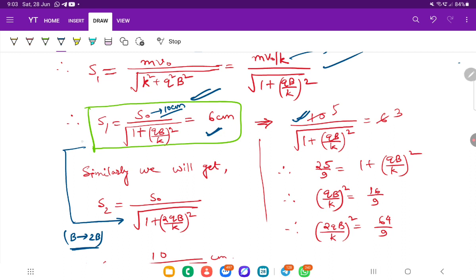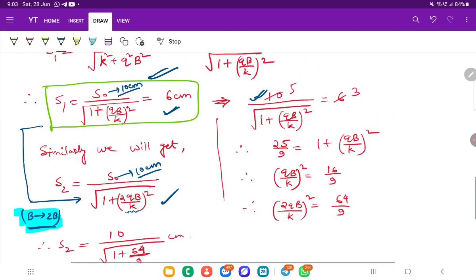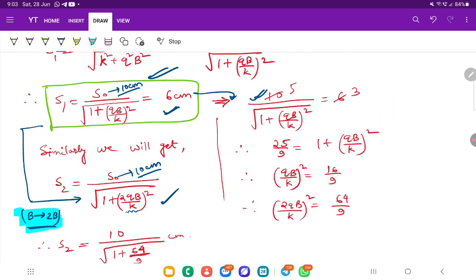So in the expression of S1 we just replace B with 2B and we get the expression for S2. Only if we can calculate the qB by k term, we will be done with the solution, because S0 is again 10 centimeter.